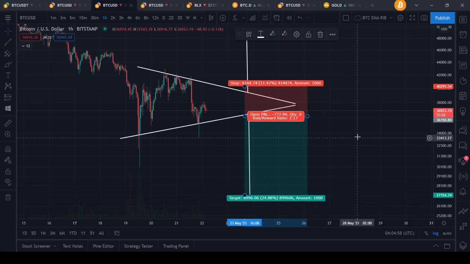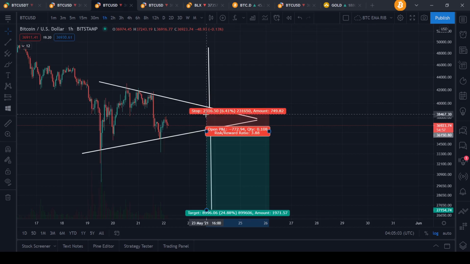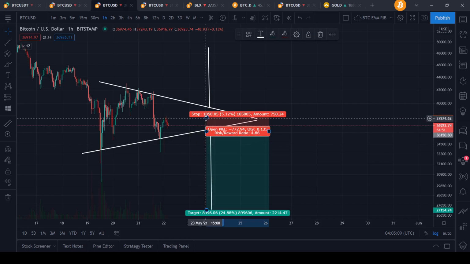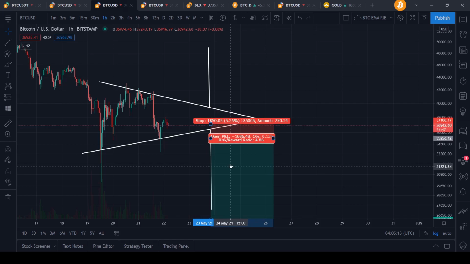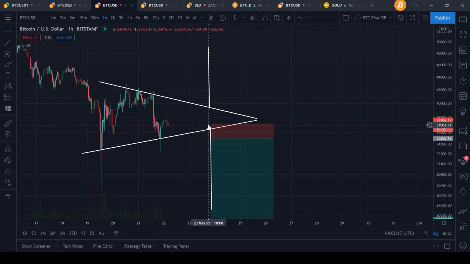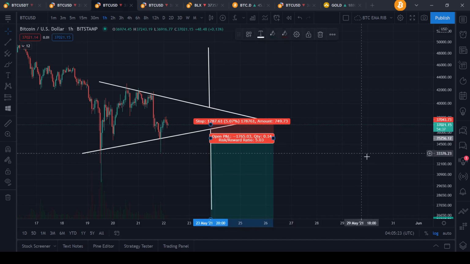So we want to minimize our losses as well. Let's say after the breakout I'm willing to take a, let's say I would enter it down here. Maybe I would take a 5% loss. And with leverage, let's say I'm using 5 leverage, that is a 25% loss on this trade.